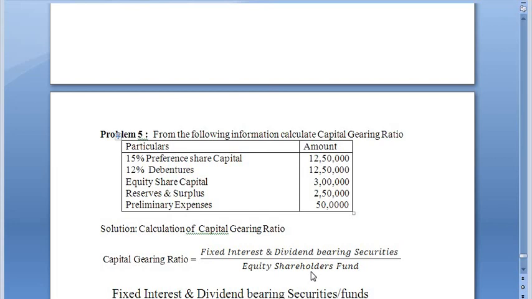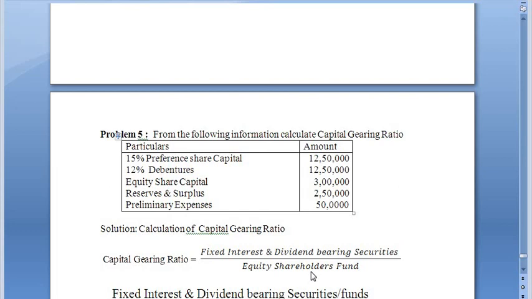Now, what do you mean by this fixed interest and dividend bearing securities? These are the securities on which the business firm has to pay regular or compulsory interest and dividend irrespective of the profitability position of the business firm.